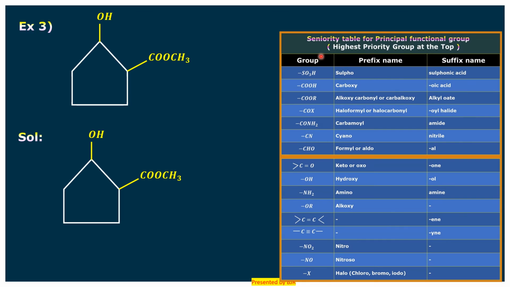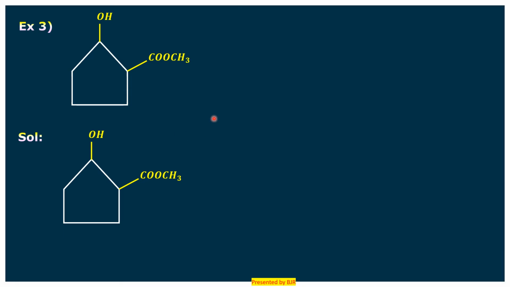See here, this is a seniority table for the selection of the principal functional group. So here the COOR ester functional group is there, and the OH functional group is there. The COOR functional group has the highest precedence over the OH functional group. So for that reason, this should be taken as the principal functional group and the OH functional group will be treated as the substituent. Okay.